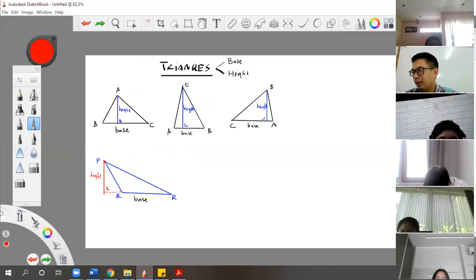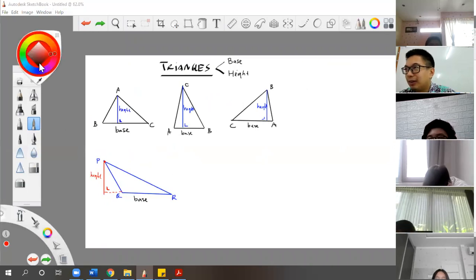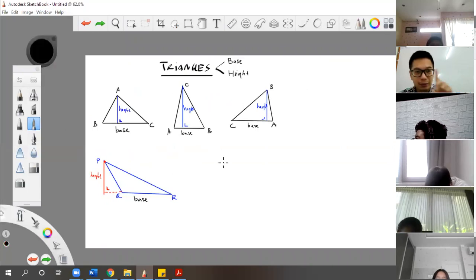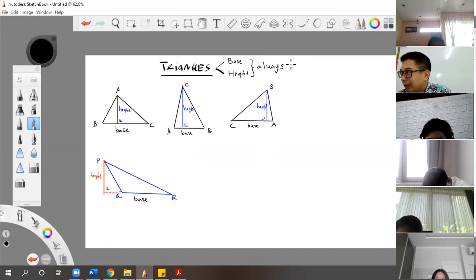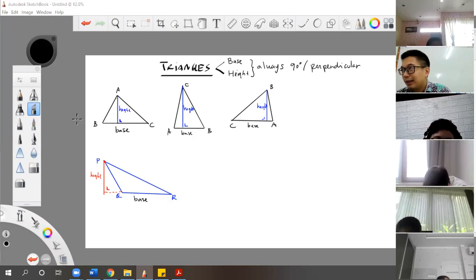Okay, so what is the formula of the area of a triangle? Only one formula. You mentioned that base and height are always perpendicular. They're always 90 degree to one another, or we can call it perpendicular. So the formula of the area of a triangle equals, let me get thicker.